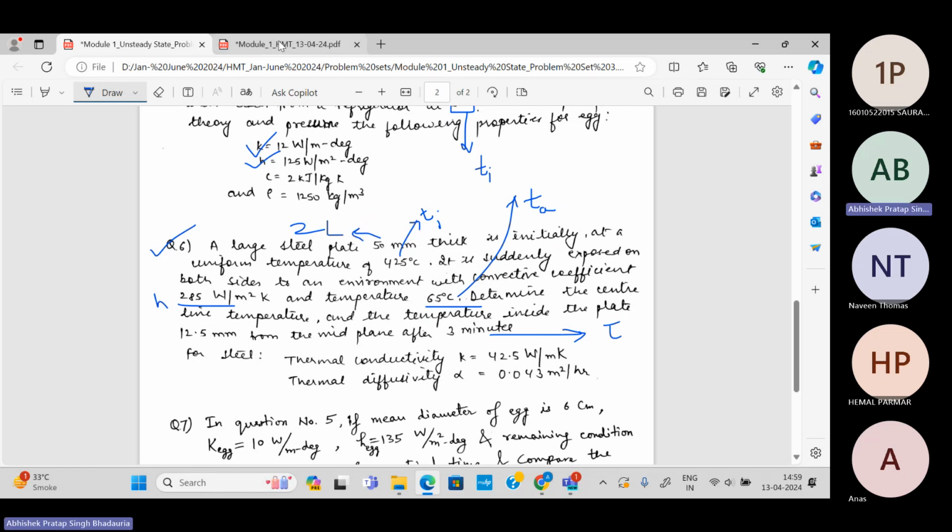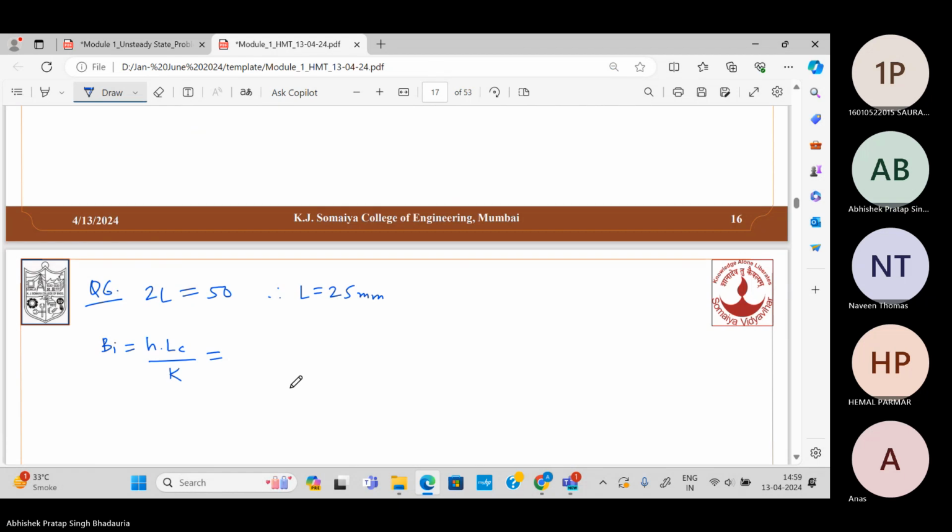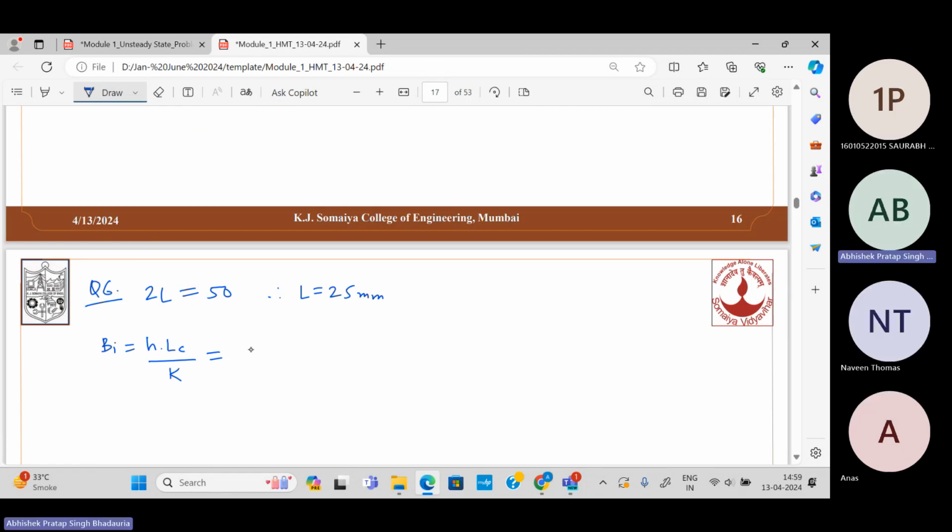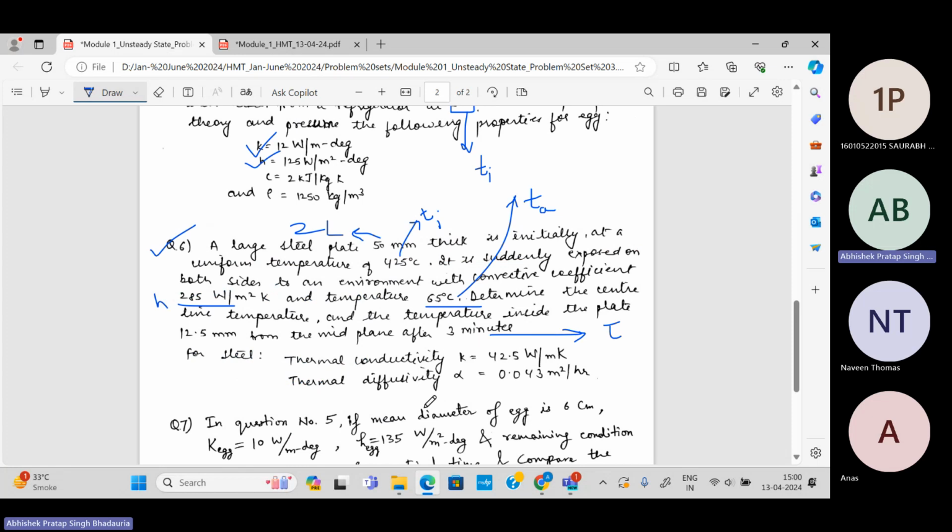Fine. So let's solve. The value of h is 285. Lc is nothing but the semi thickness, the characteristic length, so it is 25 multiplied by 10 to the power minus 3 meters, divided by the thermal conductivity, 42.5.